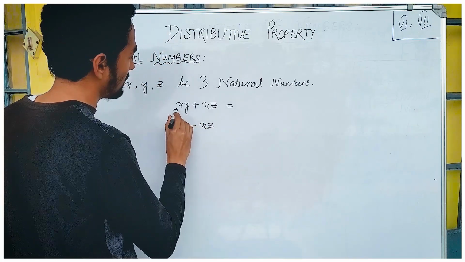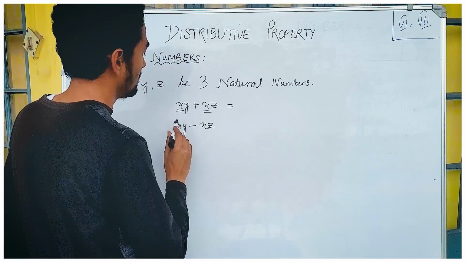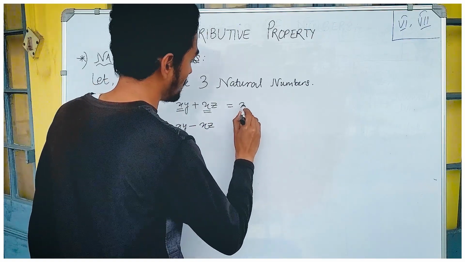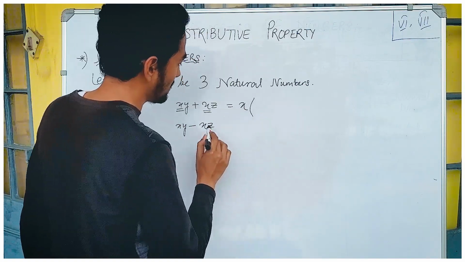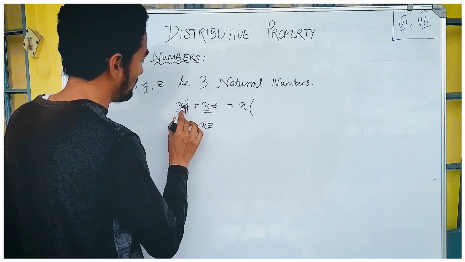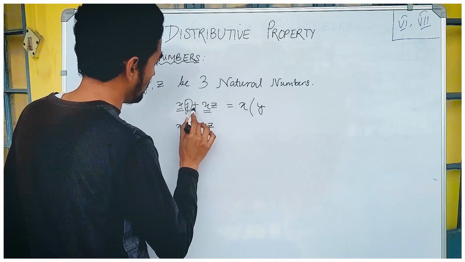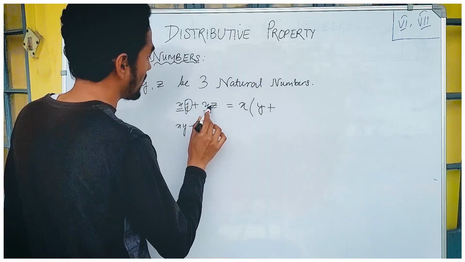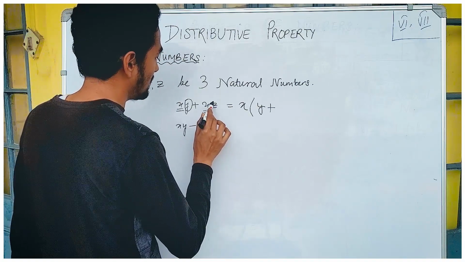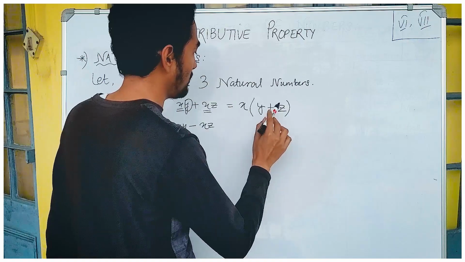See here, from these two terms x is common. So you take x first, start the bracket. In the first term, along with x there is y, so write y here. In the middle there is the plus sign, write plus here. Along with x there is the other number z, so you write z here. This is how we write in bracket form.